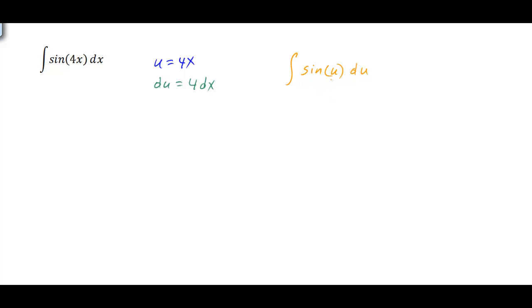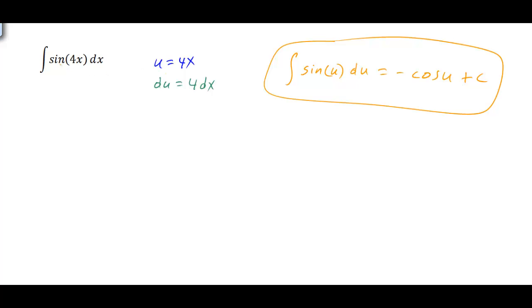So if we have the integral of sine of u du for your formula, and it says that's equal to the negative cosine of u plus c, notice it says we want the sine of u du.